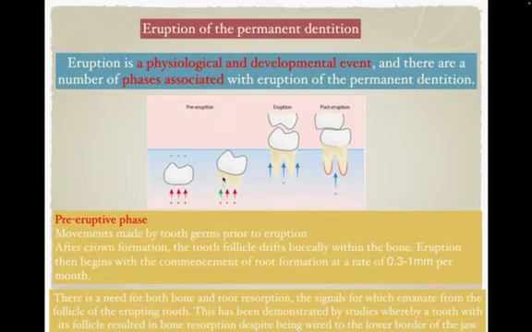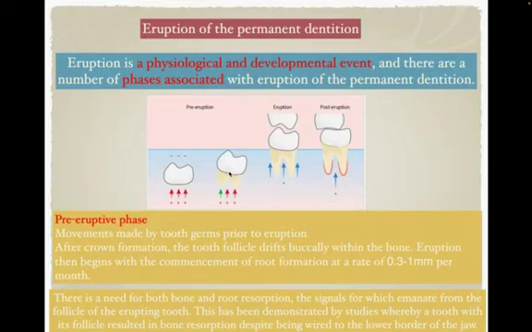You would imagine that if the root were responsible for the bone resorption surrounding the tooth, then because they tied the tooth, no resorption would happen. But what happened? Bone resorption continued because of the follicle.